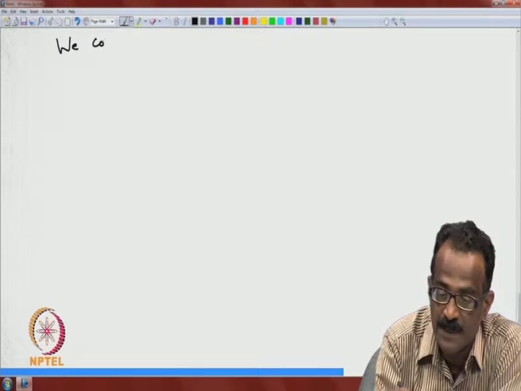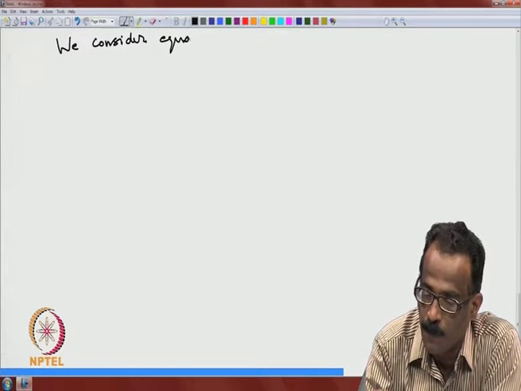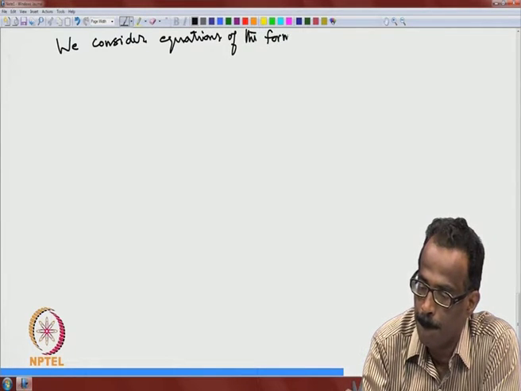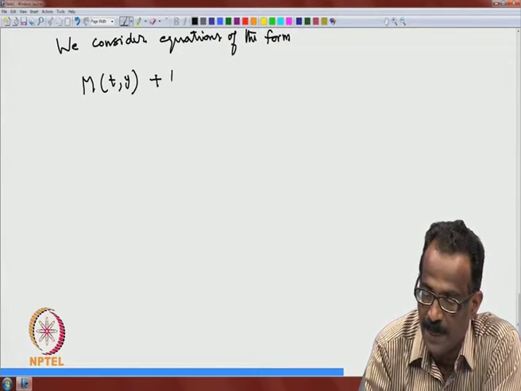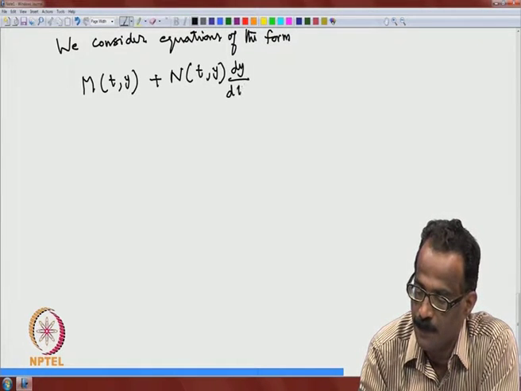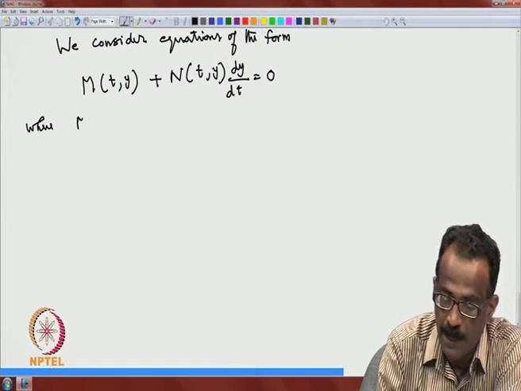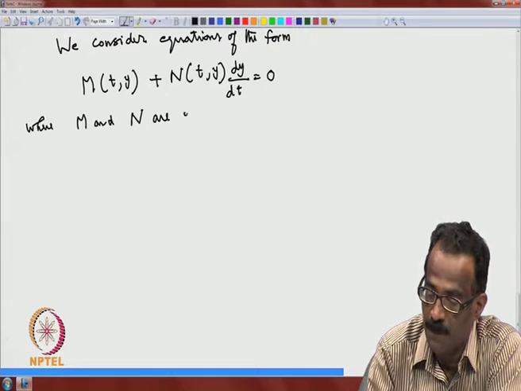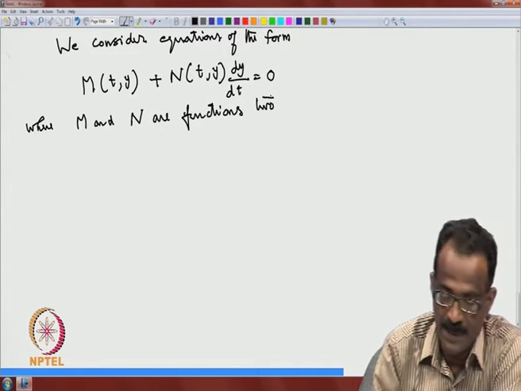We consider equations of the form M(t, y) plus N(t, y) into dy by dt is equal to 0, where M and N are functions of two variables t and y.